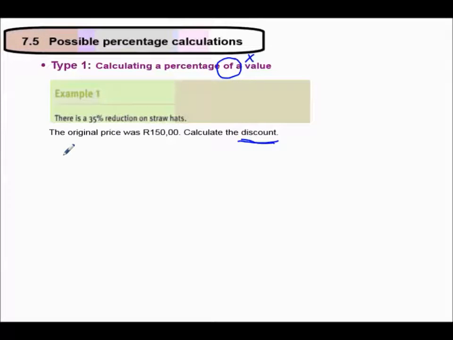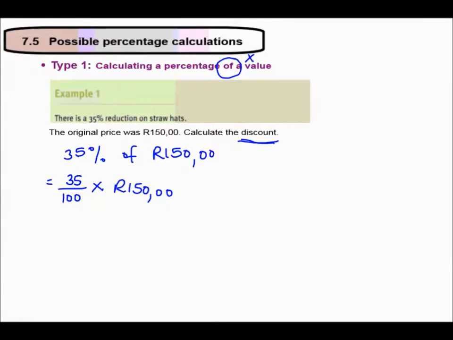So we are going to find 35% of 150 Rand. 35%, remember percentage means out of 100, so 35 out of 100, of means multiply, 150 Rand.